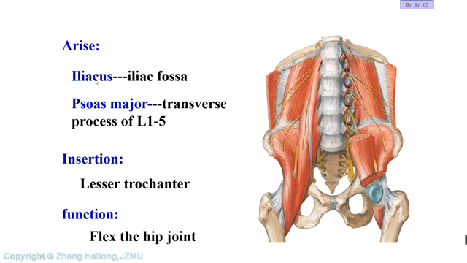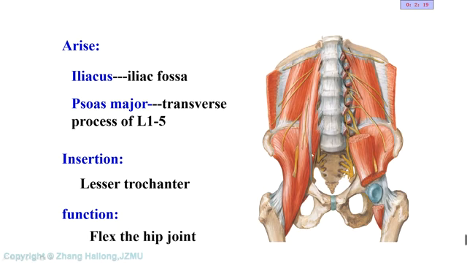Now let's see the origin and insertion. Only to see, don't need to master. First one, iliacus is from the iliac fossa, or the superior border, and then goes downward along the iliac fossa. And the psoas major is from the transverse processes of the first to the fifth lumbar vertebrae.